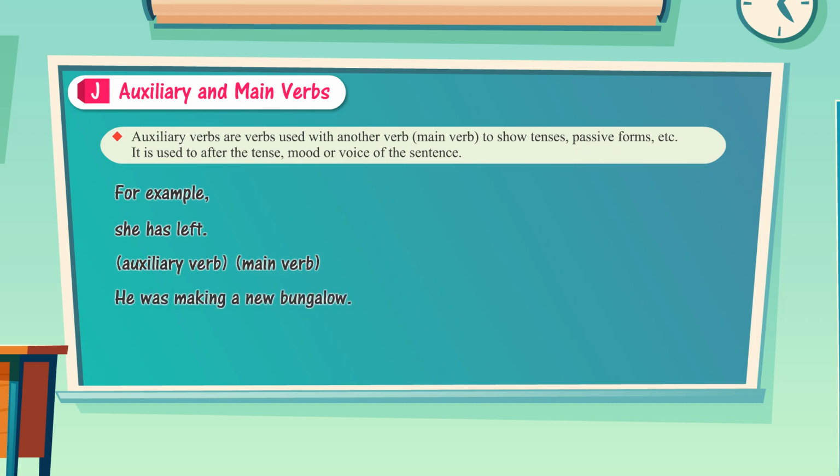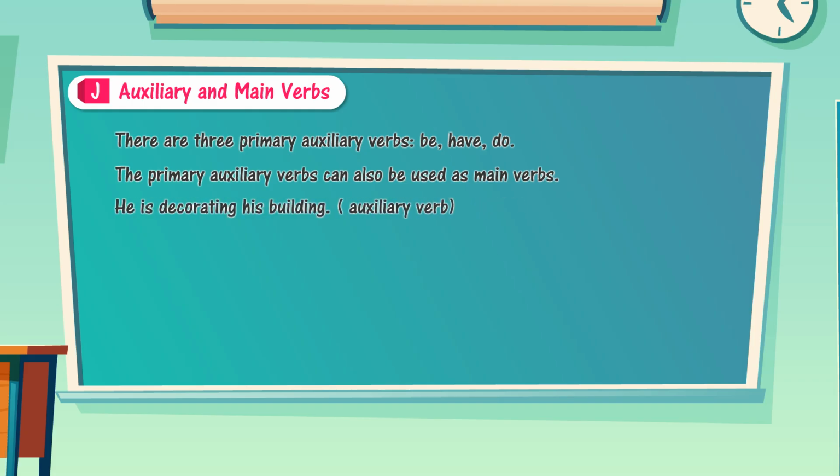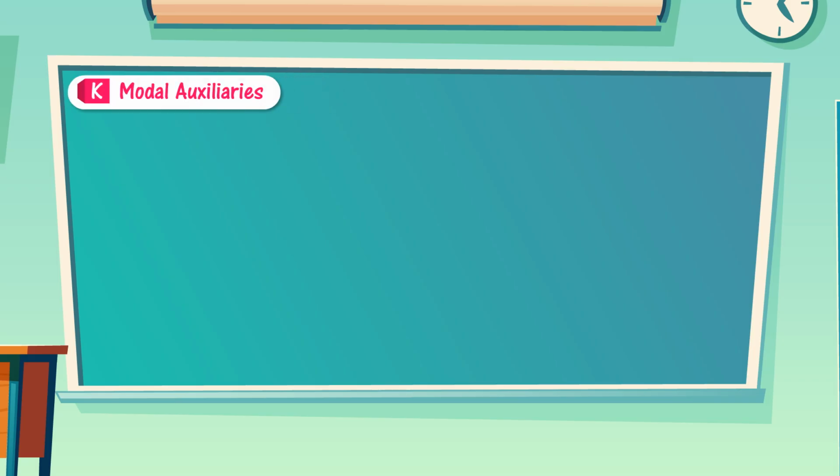He was making a new bungalow, auxiliary verb, main verb. There are 3 primary auxiliary verbs, be, have, do. The primary auxiliary verbs can also be used as main verbs. He is decorating his building, auxiliary verb. He is sad, main verb.